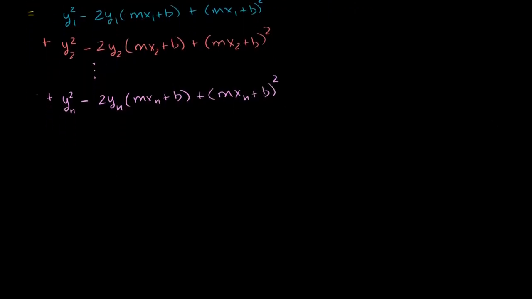So this whole expression, I'm just going to rewrite it, is the same thing as, and remember, this is just the squared error of the line. Let me rewrite this top line. This top line is y1 squared, and then I'm going to distribute the minus 2y1. So this is minus 2y1 mx1, that's just that times that, minus 2y1b, and then plus, now let's expand (mx1 plus b) squared.